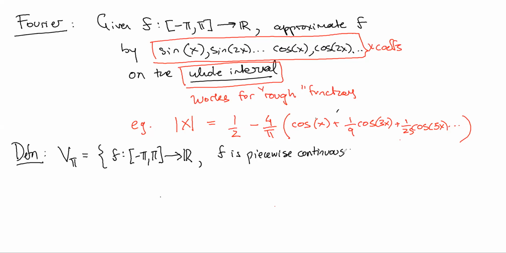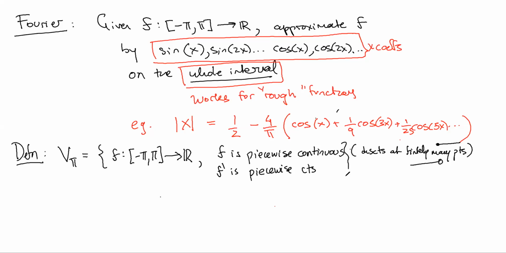Piecewise continuous means what you did in Math 1b: functions that have a finite number of jumps, discontinuous at finitely many points. And f prime is piecewise continuous, so that means differentiable except maybe at finitely many points, and the derivative is continuous except maybe at finitely many points.